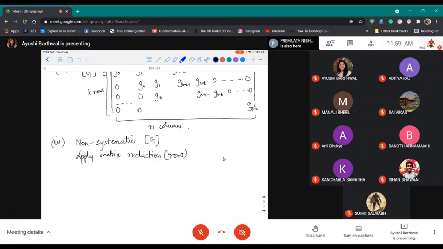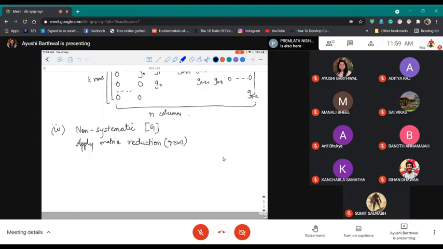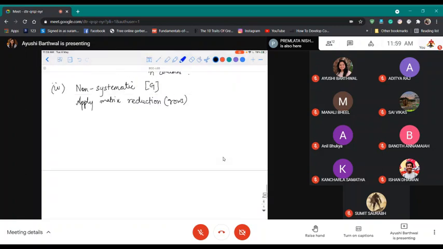Now similarly, how do we obtain a parity check matrix?